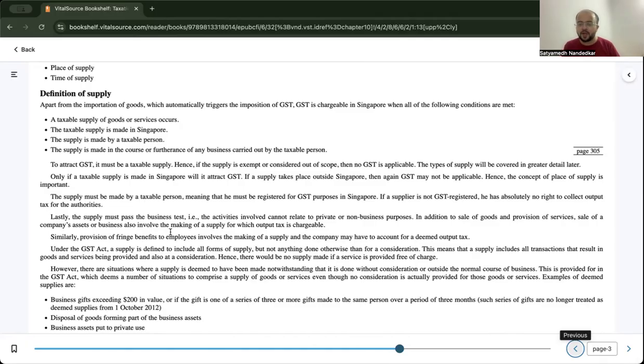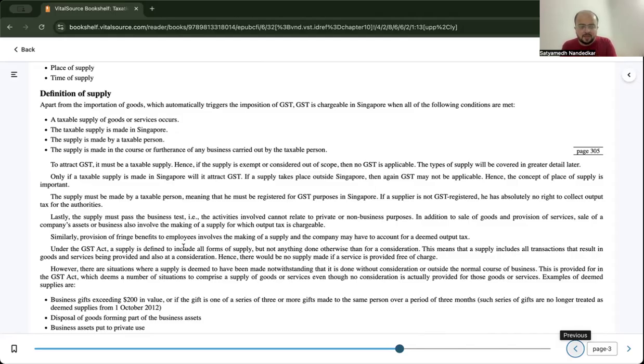Now my employer is providing it to me as a part of my salary package. So that is also for furtherance of business. It will invite GST. But gifting a bag to someone on his or her birthday is not for the furtherance of business, does not invite GST. If it is for private purpose, it does not invite GST.